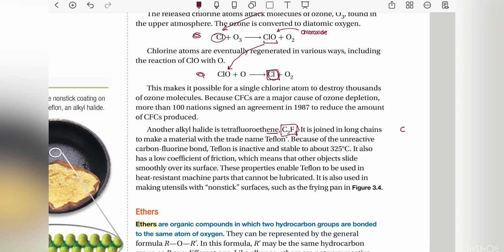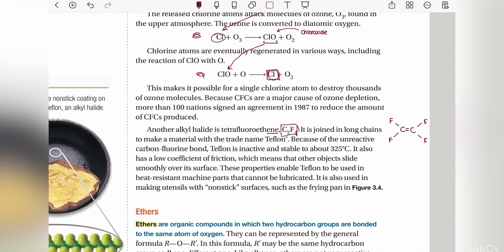So we'll have 2 carbon atoms, and since fluorine atoms need only 1 extra electron to be happy, they will need to be connected by single bonds, 2 for each carbon, meaning that the 2 carbons will have a double bond.